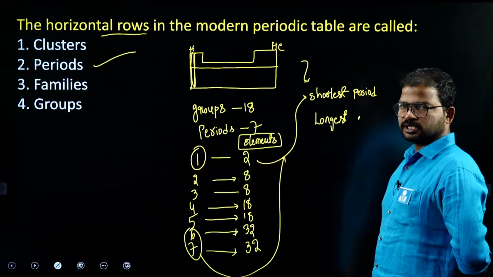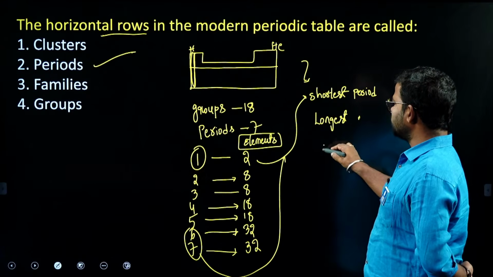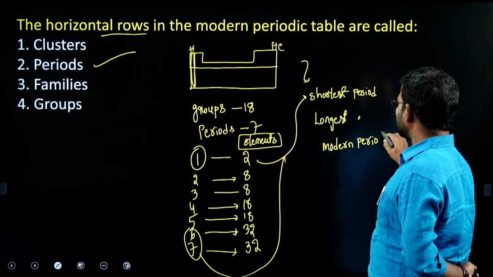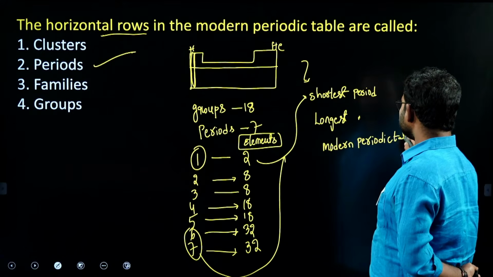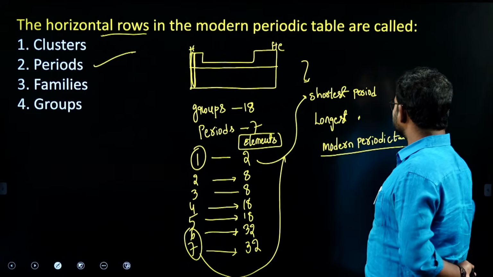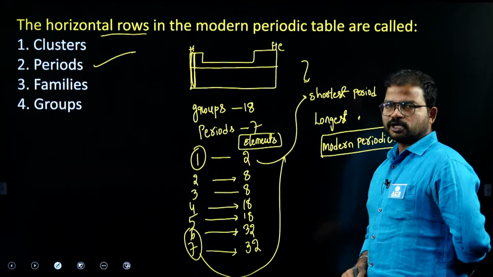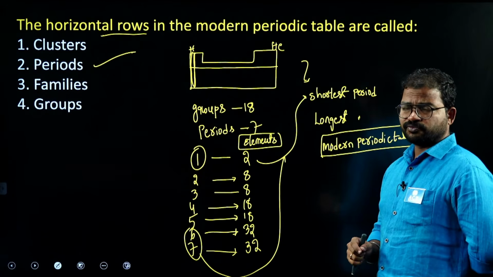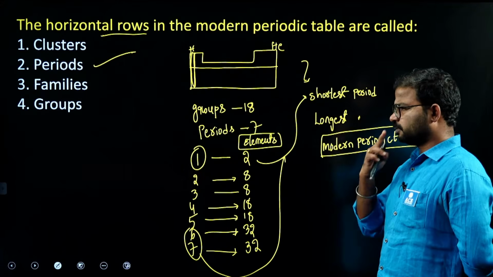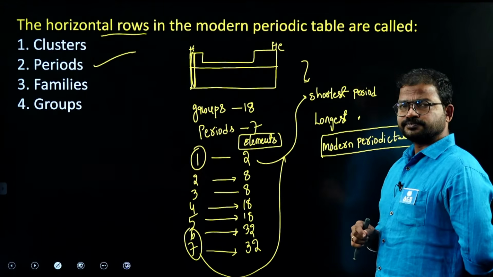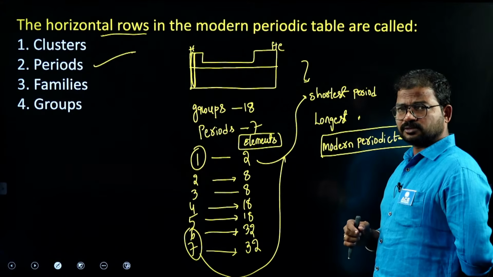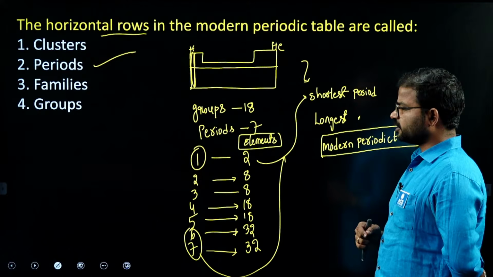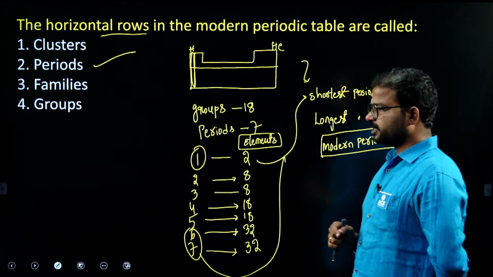At present we are using the modern periodic table. The modern periodic table was proposed by Moseley based on which property? If you know the answer, please comment.